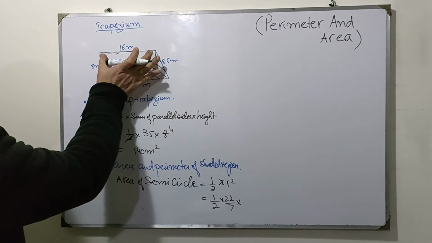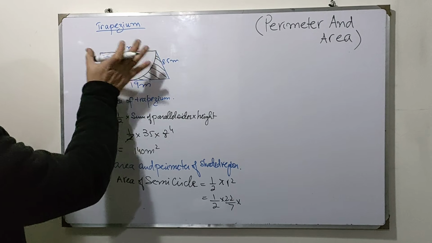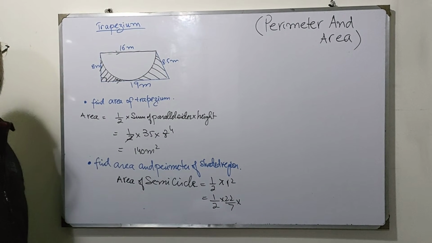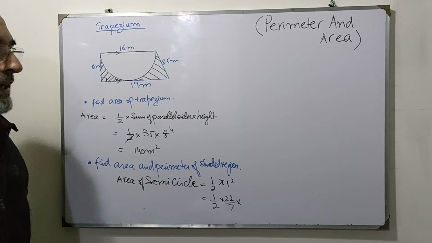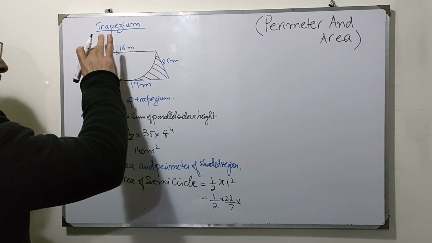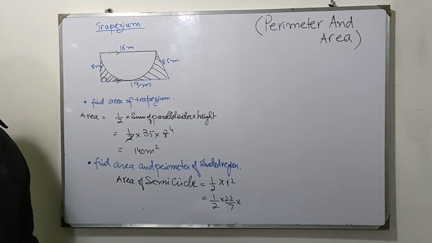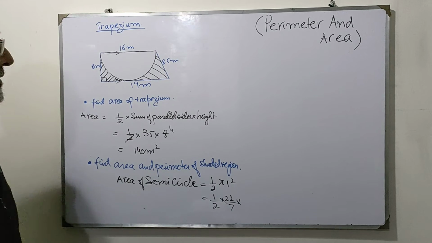It is very clear. One of the sides of the trapezium is exactly the diameter of the semicircle, right? And also this height of the trapezium is also the radius of the semicircle, right?